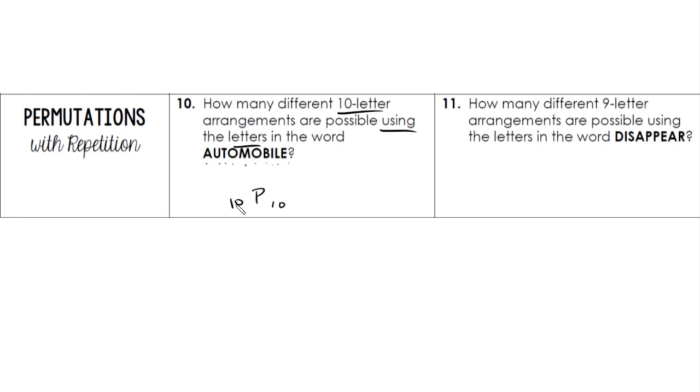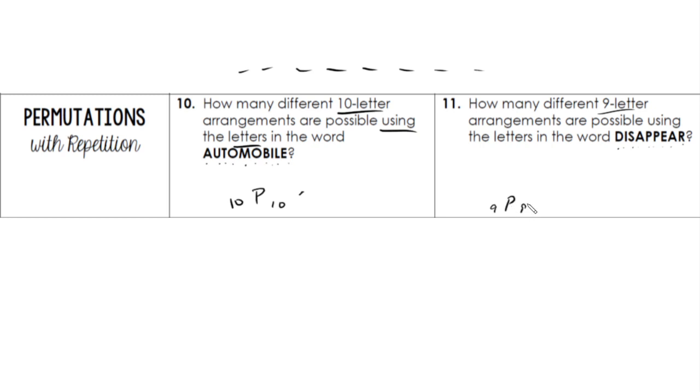So maybe I shouldn't count it. But it's actually considered a letter in the grouping of the letters, so it's going to be considered. How many different 9-letter arrangements are possible using the letters in the word disappear? 1, 2, 3, 4, 5, 6, 7, 8, 9. This is another 9P9.